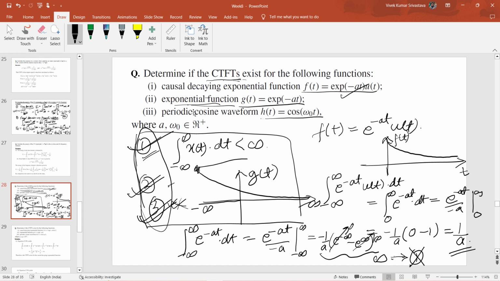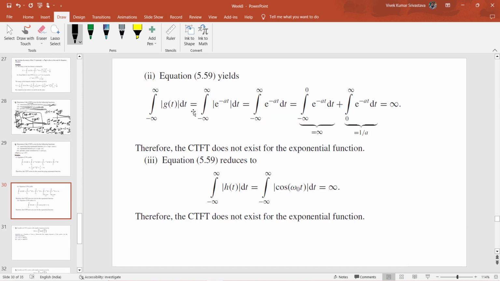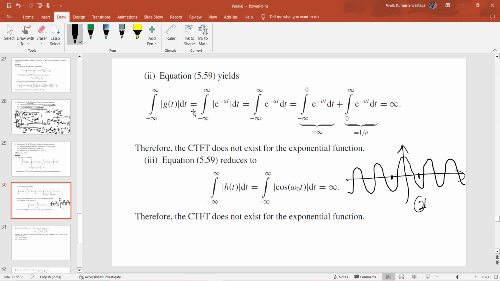Similarly, we can check whether the Fourier transform of the third function, that is cos of omega naught t, will exist or not. Here also, if you plot cos of omega naught t, within its interval, let us say from here to here, it has a finite number of maxima and minima, and discontinuity will not exist, so conditions 2 and 3 are satisfied here.